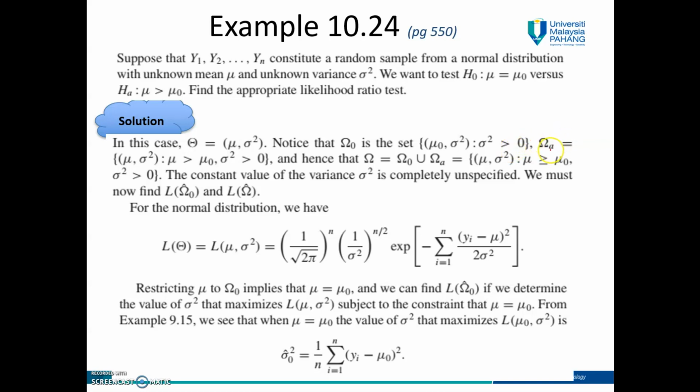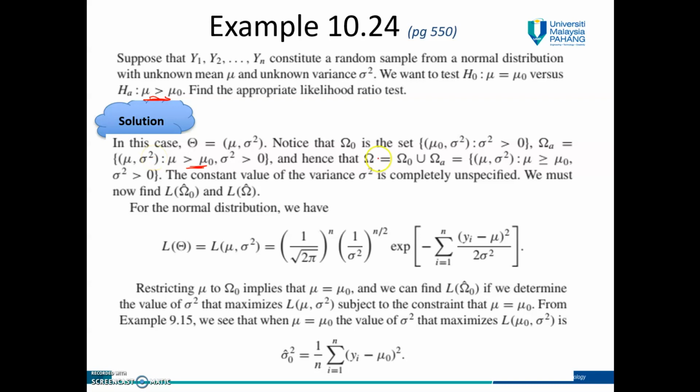Then you have omega A, the alternative, which is mu and sigma square, where mu is greater than mu naught and sigma square is greater than 0. How do you know this? It comes from here. You know that mu equals mu naught, but in the alternative, mu is greater than mu naught. But you have the same parameters: here mu naught and sigma square, here mu and sigma square.